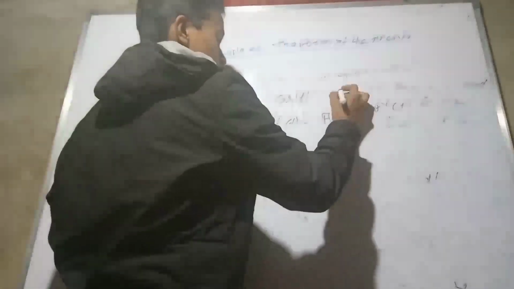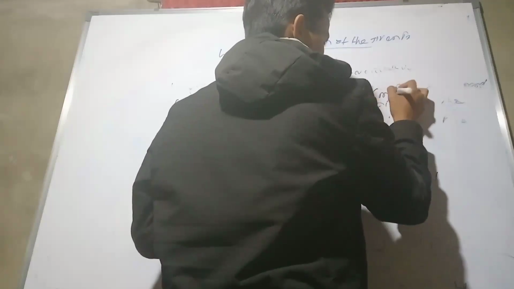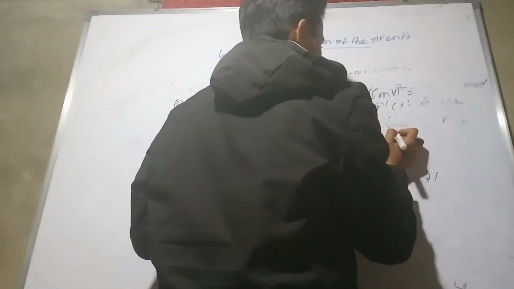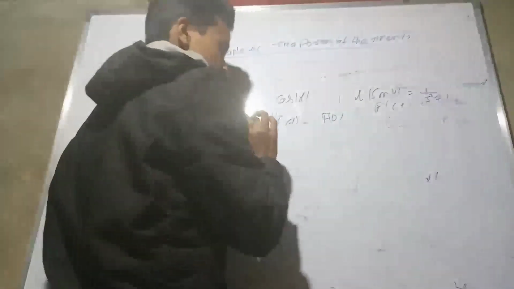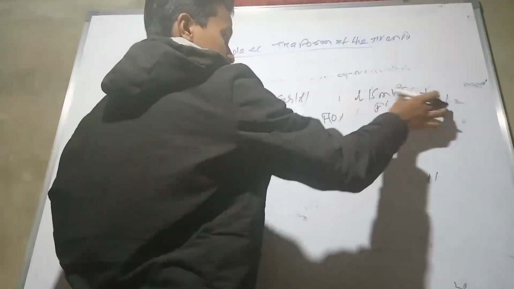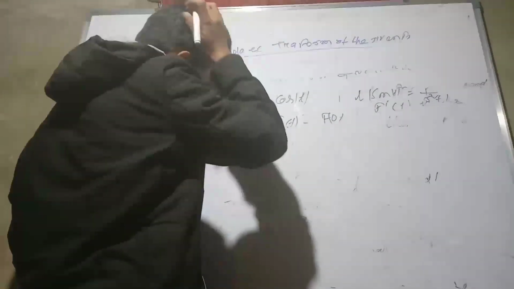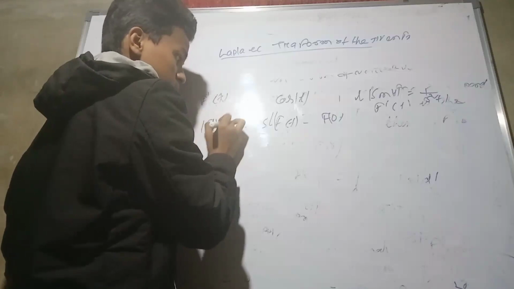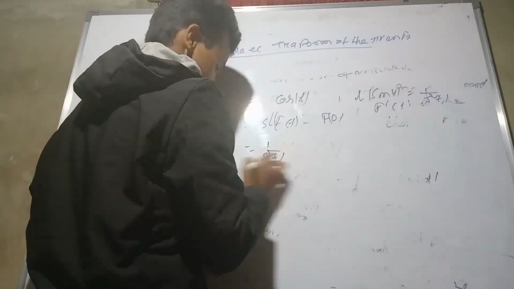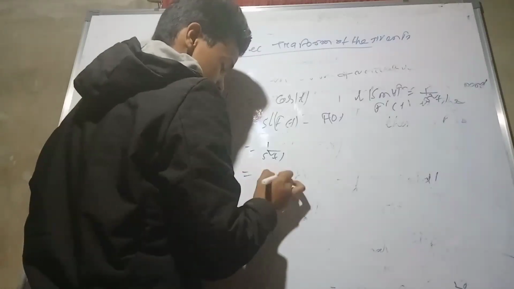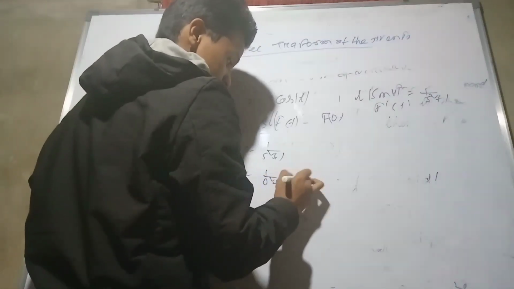Let's write down the question. We have been given the Laplace transform of sin t equal to 1 upon s square plus 1. We have to find the Laplace transform of f dash t. So f(t) is 1 upon s square plus 1. Now at 0, it will be 0 square plus 1, that is 1.